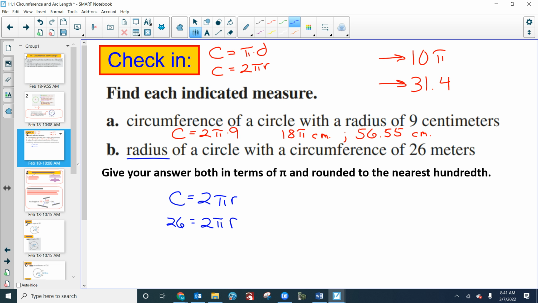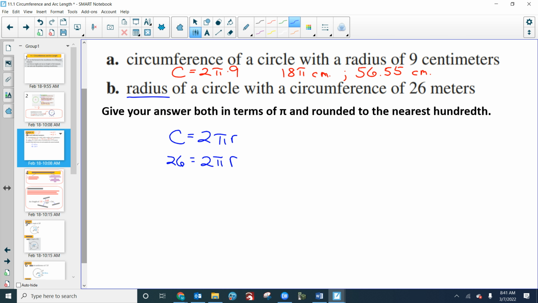Good. How do I get r by itself? Divide by 2 pi. Good. Divide by 2 pi on the right side. Divide by 2 pi on the left side. So r is 26 over 2 pi.